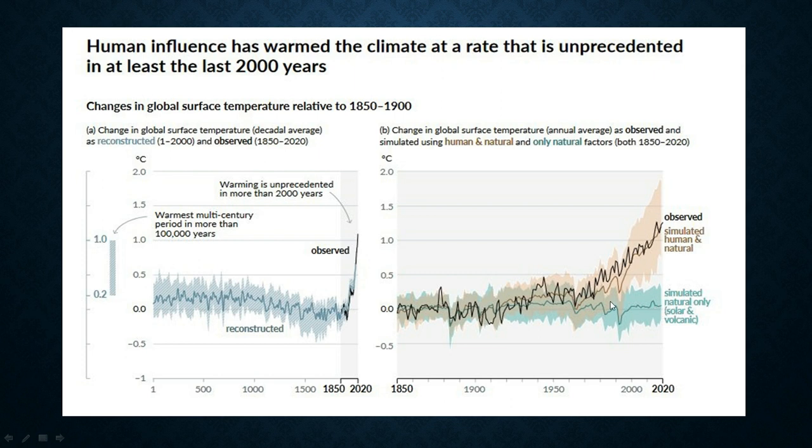In other words, teasing the natural signal out, and you can see it's pretty much level, pretty much consistent. It's when you throw in human activity that we get this massive increase. Tease out the human activity, and the climate would have stayed steady. Human activity is warming the planet. That's the takeaway from this graphic.